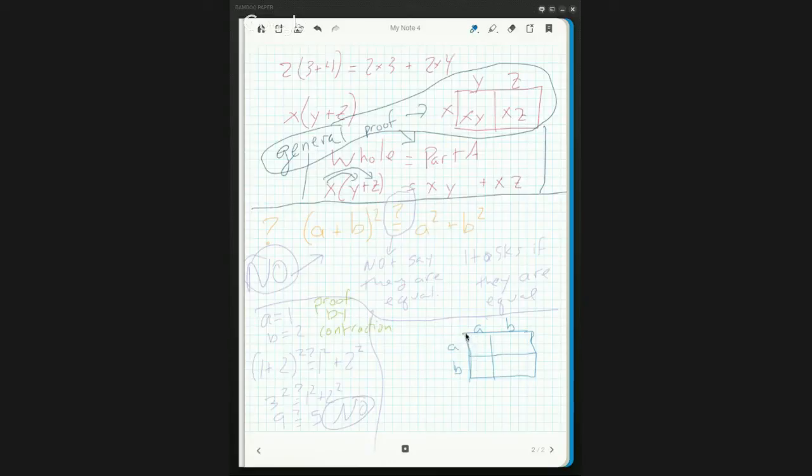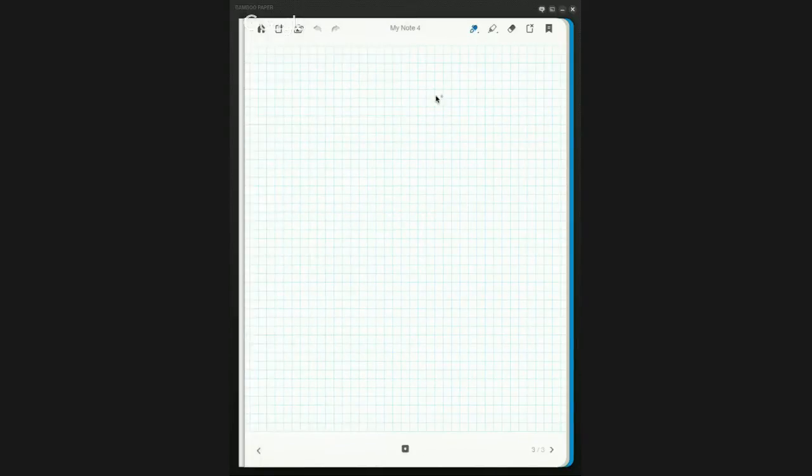We're looking for the whole area equals the sum of parts. We're just going to do this on another page, so we don't run out of space.